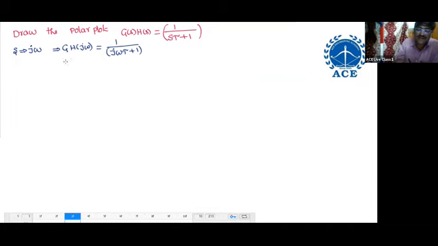Now, write the magnitude. So, magnitude equal to 1 by root of omega tau whole square plus 1. Write the phase angle. So, angle of 1 minus angle of J omega tau plus 1.